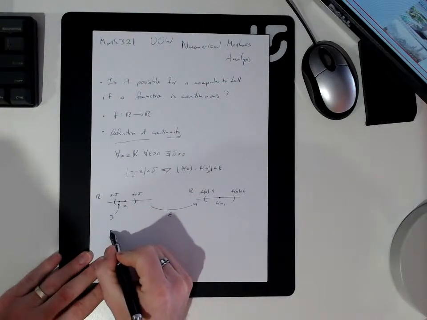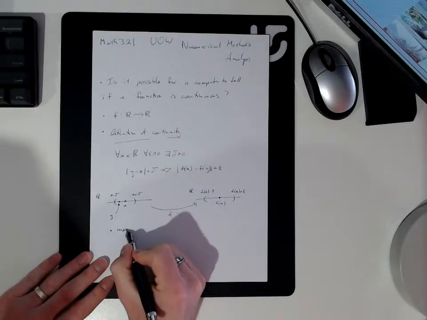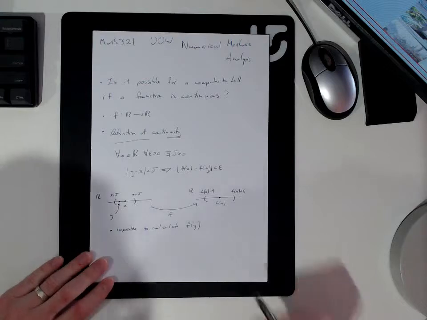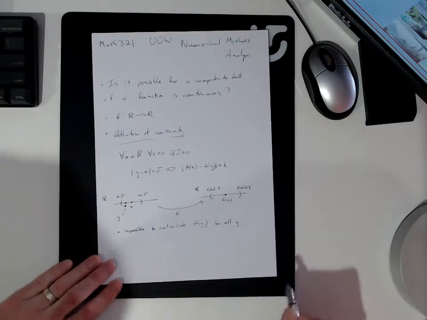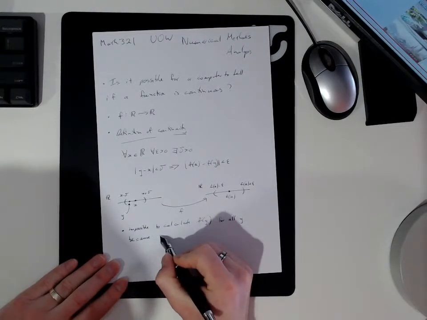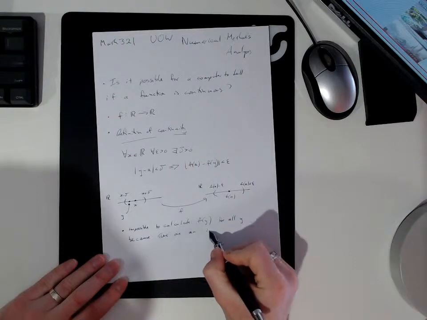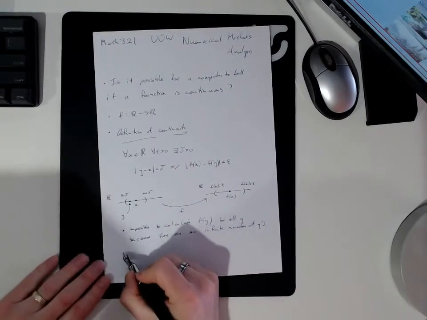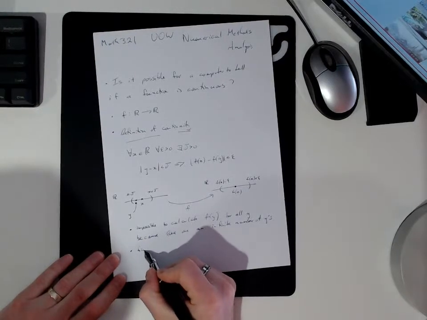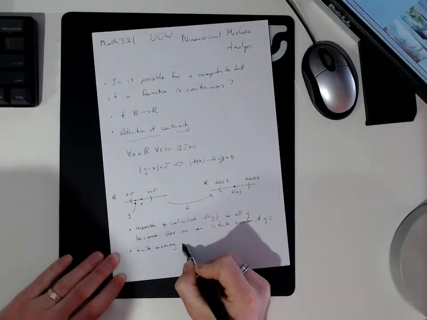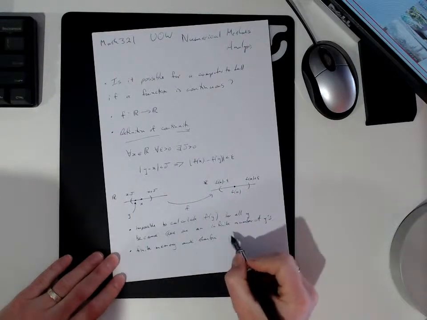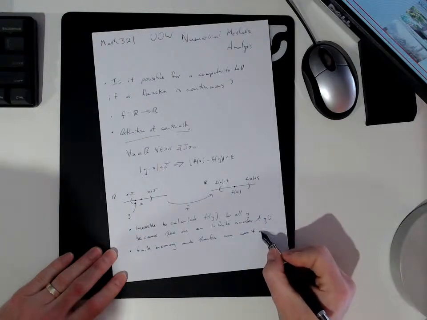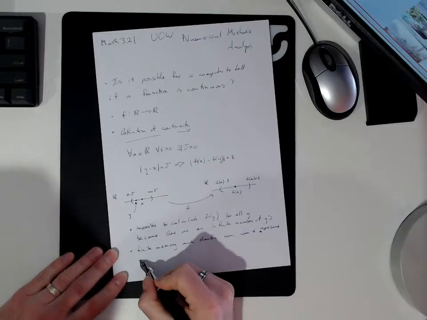So let me restate those three things. It's impossible to calculate f of y for all y, because there are an infinite number of them, and the computer has finite memory, and therefore cannot represent all y's.